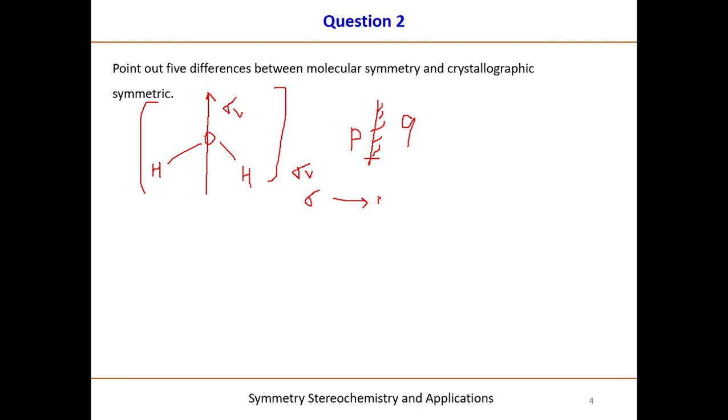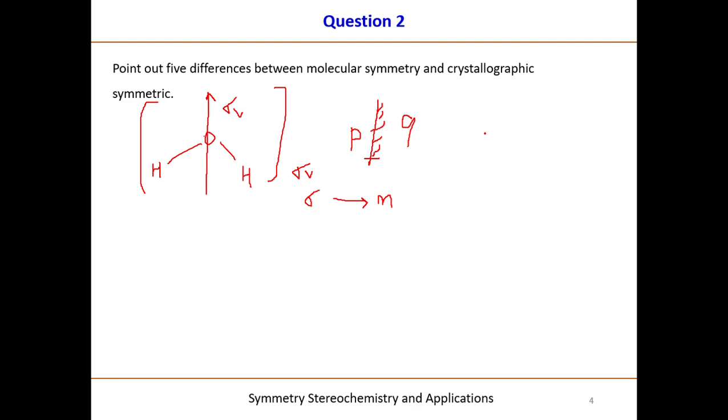This is the first difference, or second, because the symmetry element in molecular symmetry should pass through the molecule, and in crystallographic symmetry it could pass through space also. The second difference is that the plane is denoted by m, that is mirror plane.